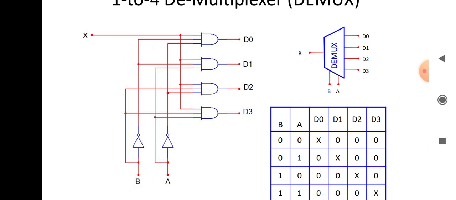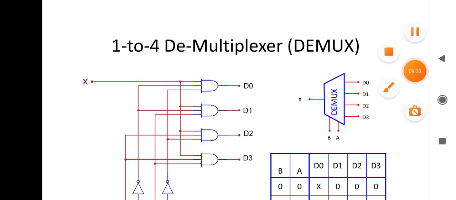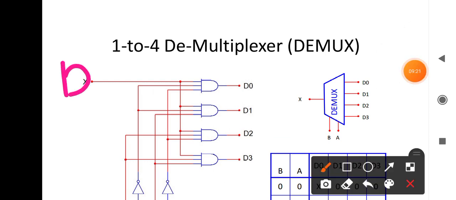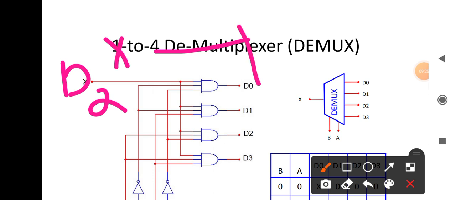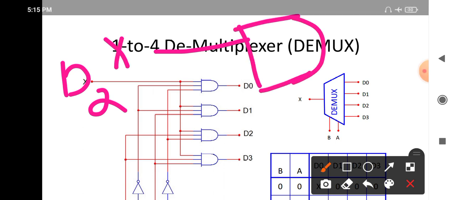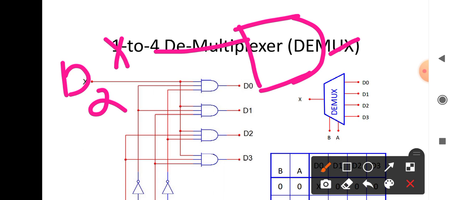Similarly, for D2 we can have the gate like this. X we can have, and the other input should be BA, that is 1 0.